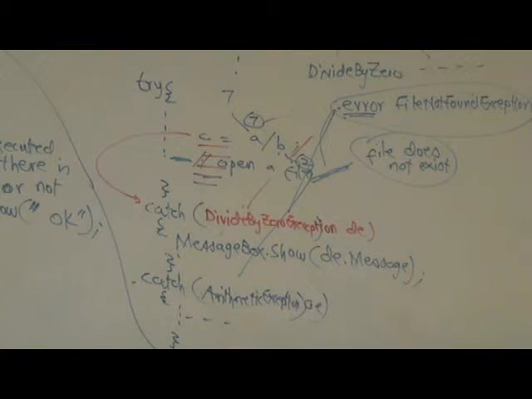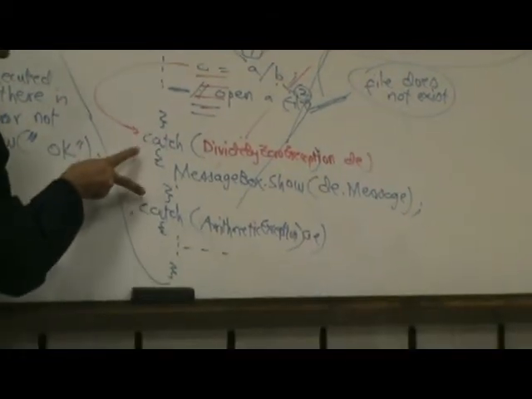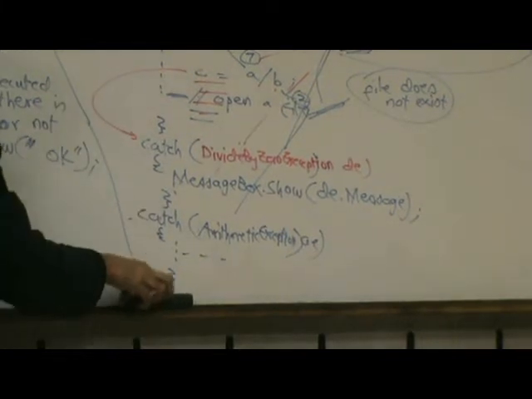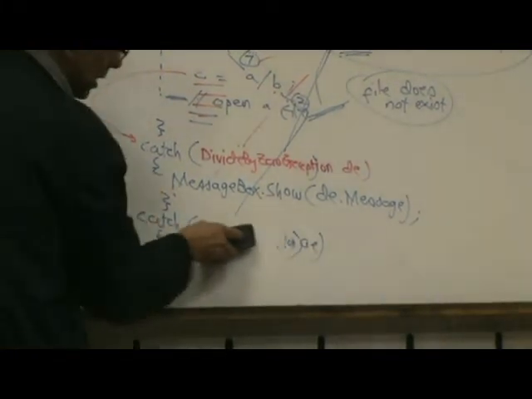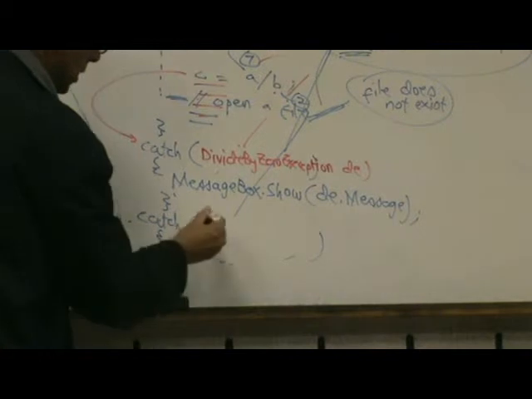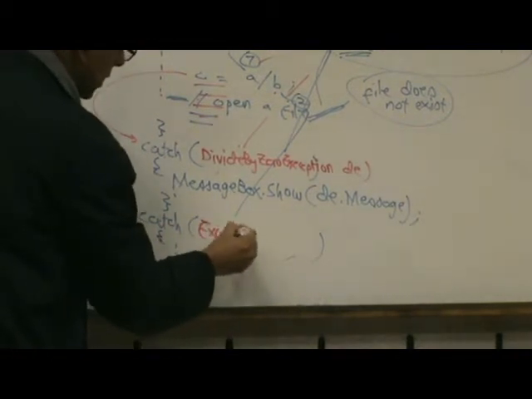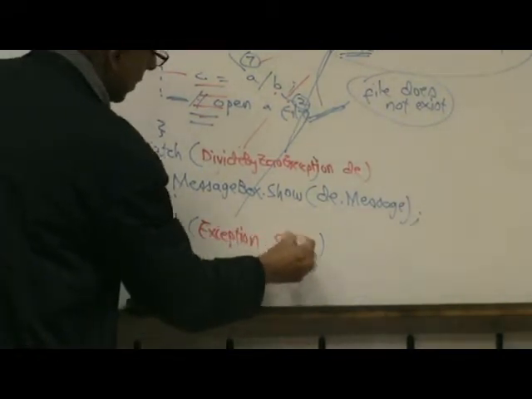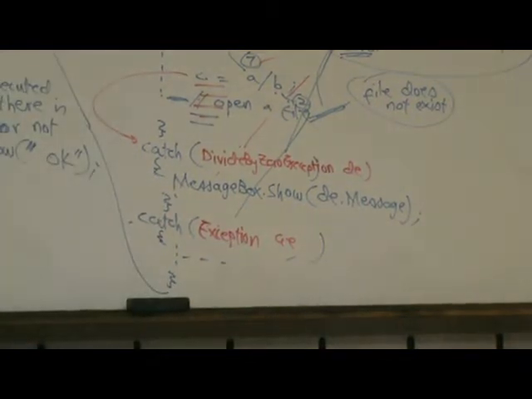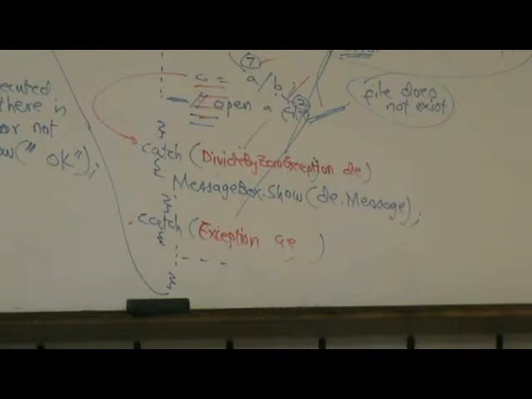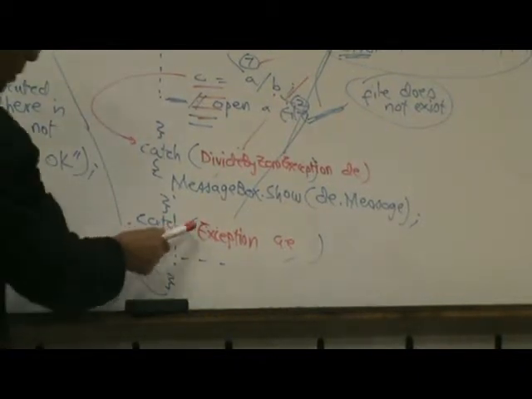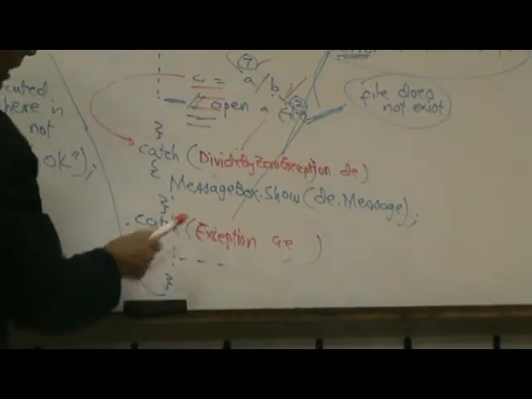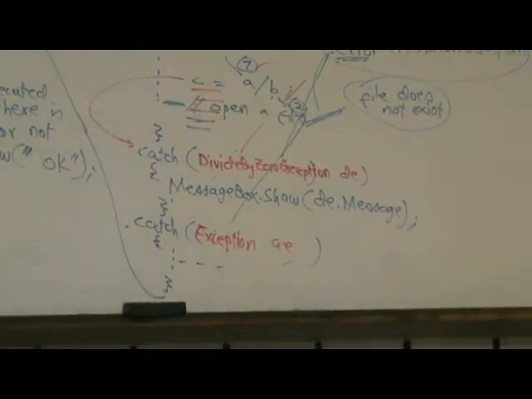Okay, so that's why as a guideline, as a minimum, you should always have one of the catches be the base class, so that no matter what kind of error occurs, it is handled by the base class Exception. There is actually one kind of exception which is not even handled by the base class Exception.